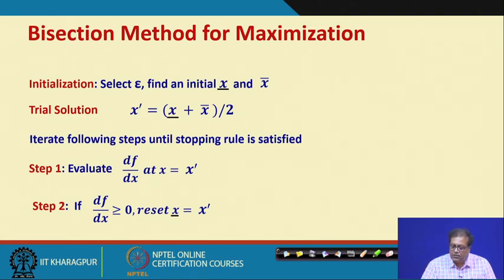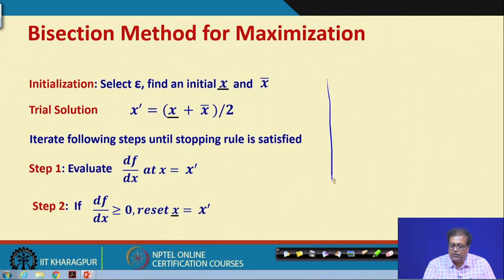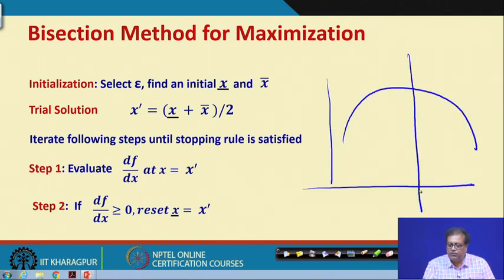Supposing we have a function, this is our function, and this is supposed to be the optimal. This is your x underline and the other side is your x bar. Now, the question is to evaluate df dx, that means the gradient at the point. Supposing this is our point, this is our x dash.